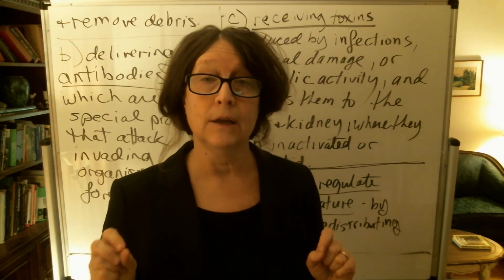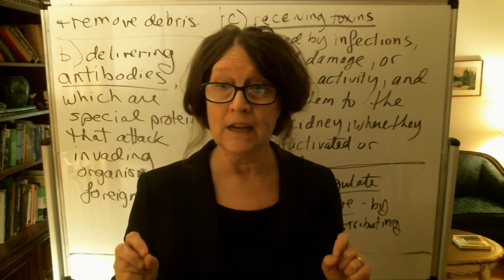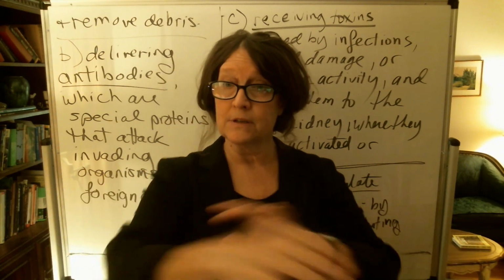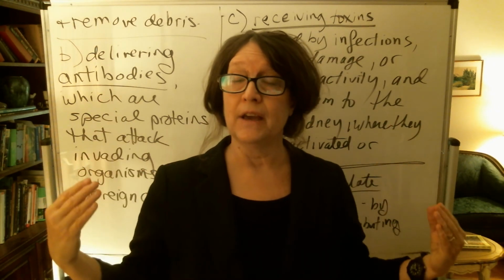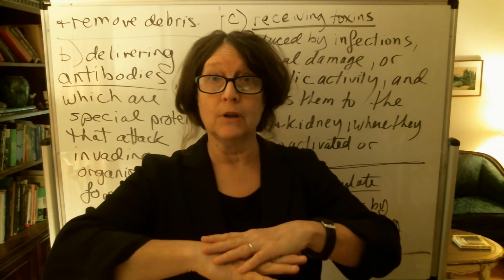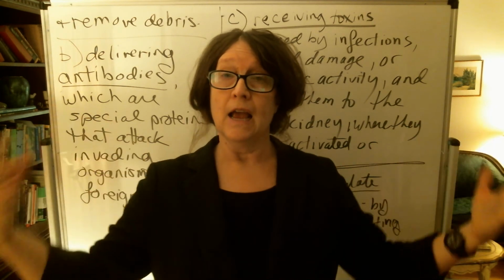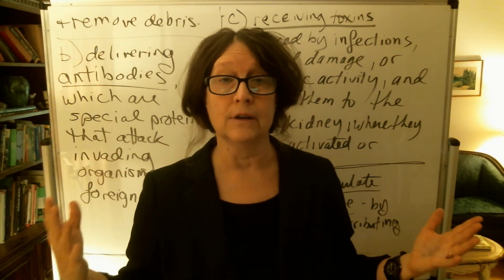On the other hand, if your body is in danger of overheating, then the blood vessels near the surface of your skin are going to open up, and as a result you will have lots of blood flowing near the surface of your skin and radiating out into the environment.